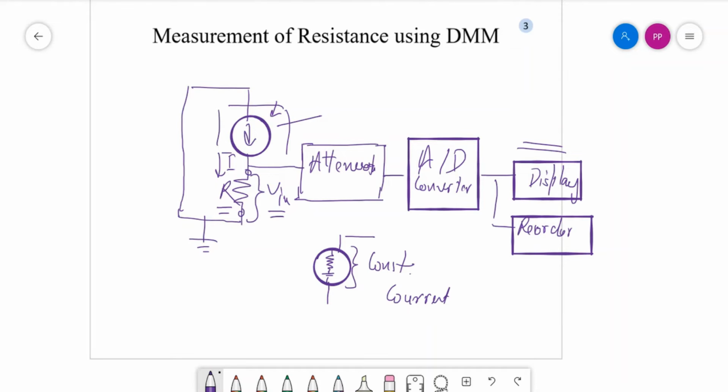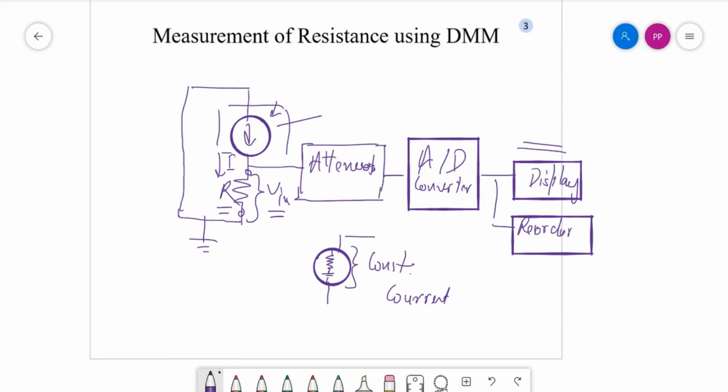So we have a voltage source with very high resistance to produce a small constant current source, and this constant current will be able to generate a digital output which is proportional to the resistance to be measured.